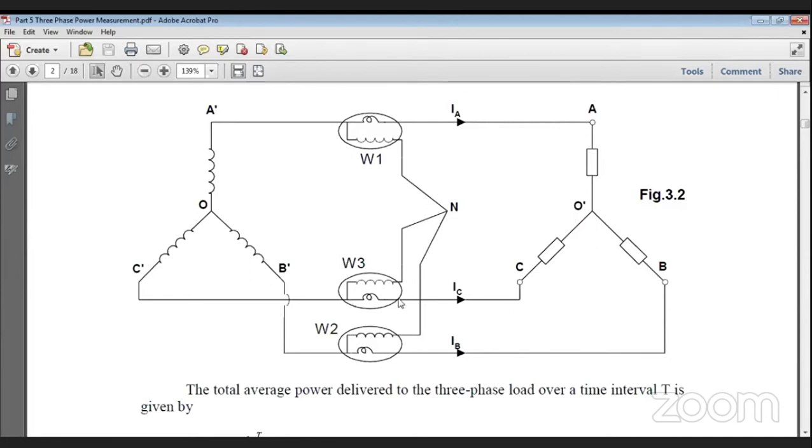So then what will be this wattmeter reading? I told you that the wattmeter reading is the potential coil voltage multiplied by the current coil current. Now if the potential coil voltage is 0, this wattmeter reading is 0. But even then, W1 plus W2 plus W3 will be equal to the total power. Why?